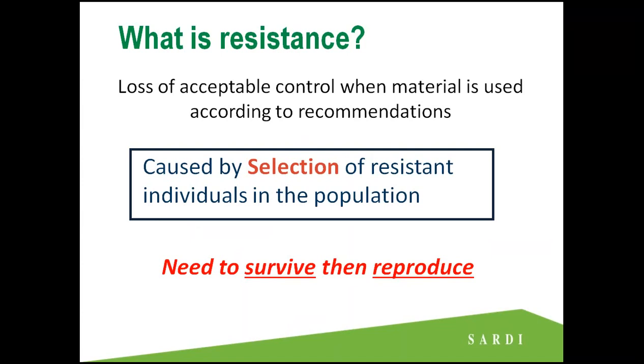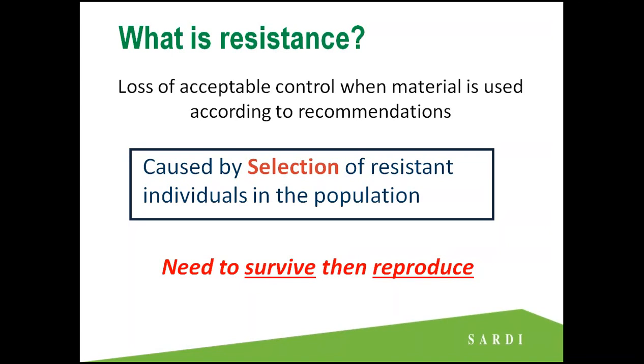In terms of practical resistance, we deem that to be a loss of acceptable control when the chemical is used at label rates. Not above rates, not below rates, but at label rate and label frequency. It's important to notice that resistance is actually caused by selection of resistant individuals in that population. The fungicide doesn't cause the fungus to become resistant.